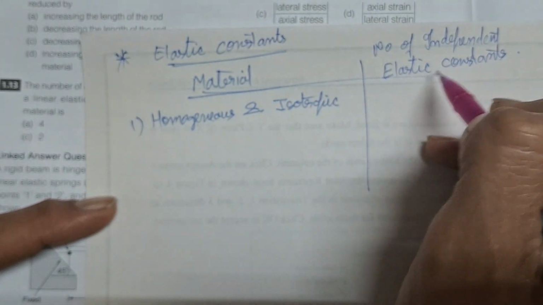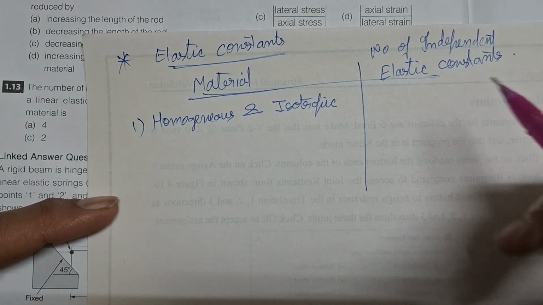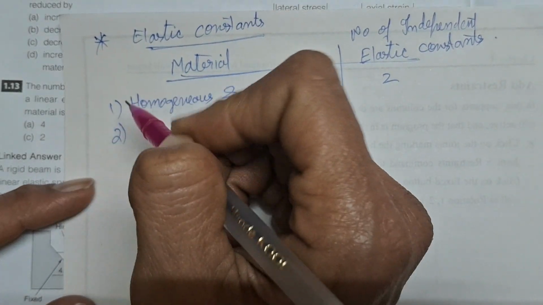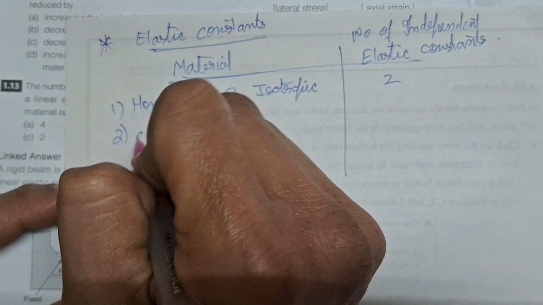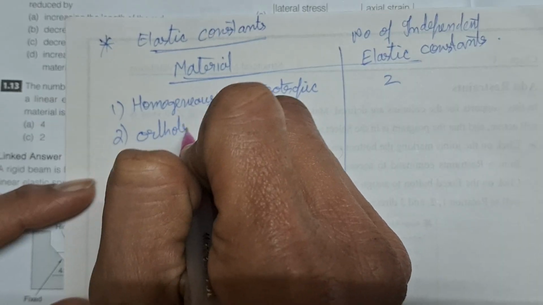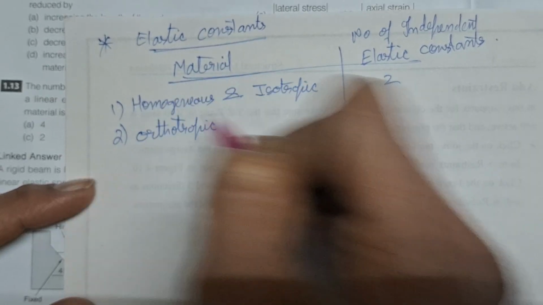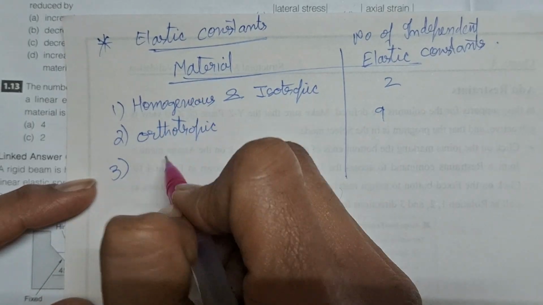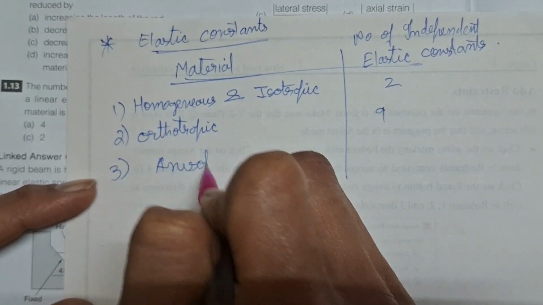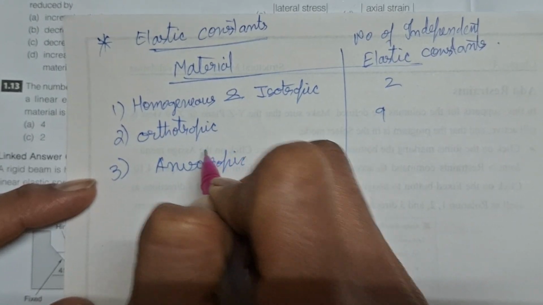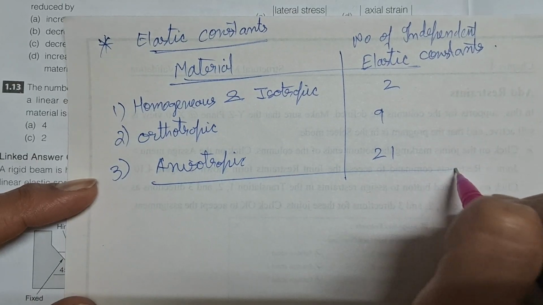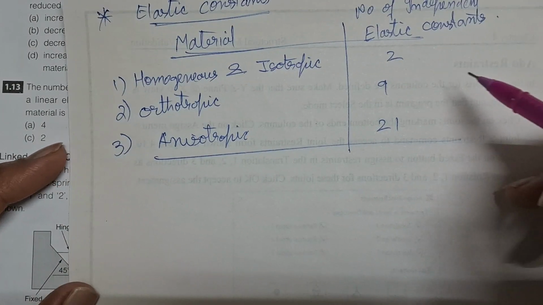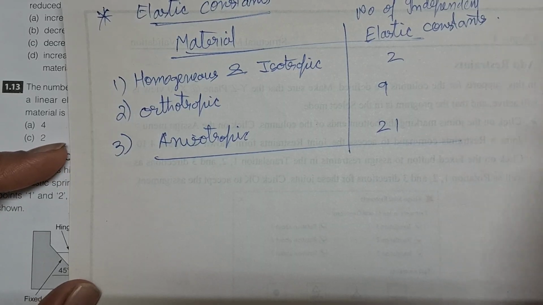So the number of independent elastic constants is 2. Suppose it is orthotropic, then it is 9, and anisotropic, then it is 21. Okay, so basically you all should remember these values, 2, 9, 21.